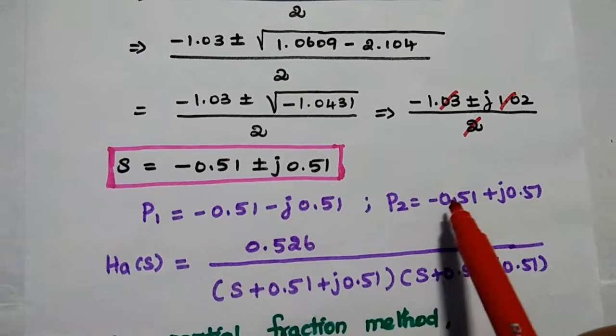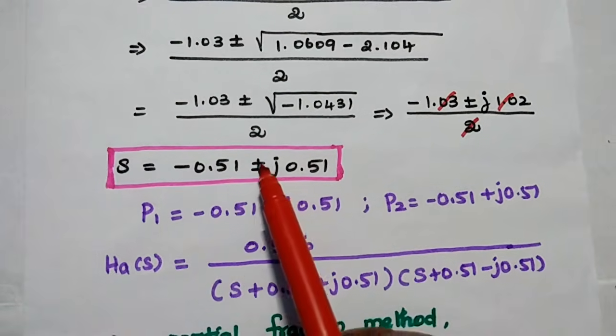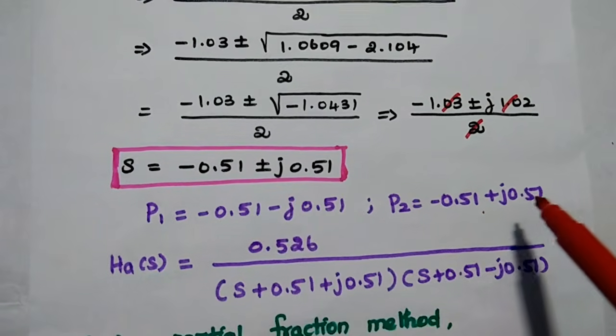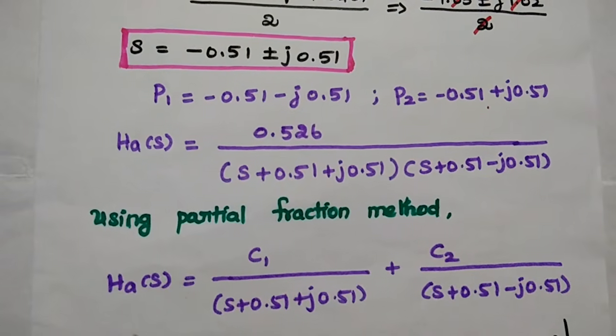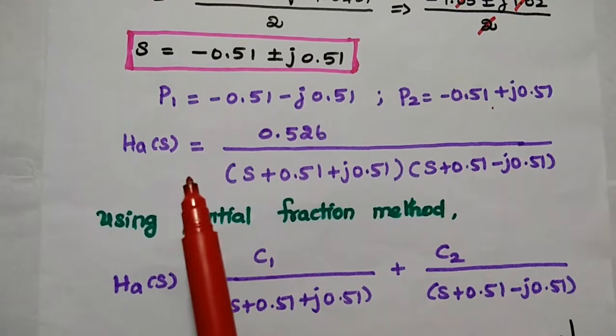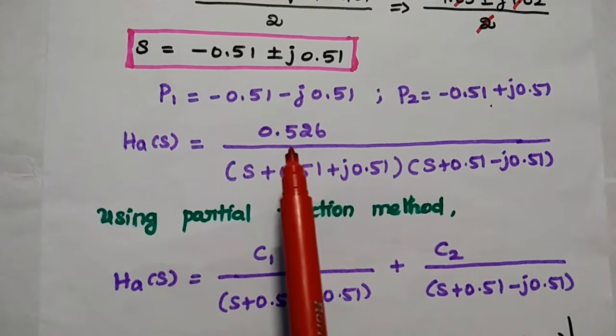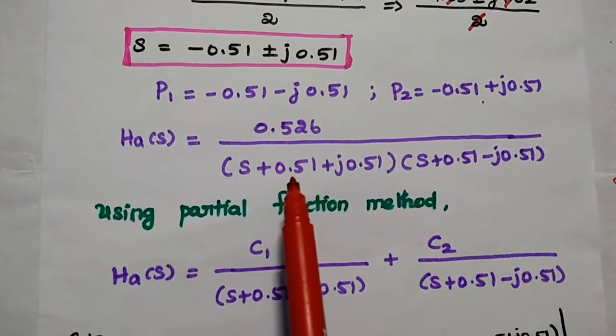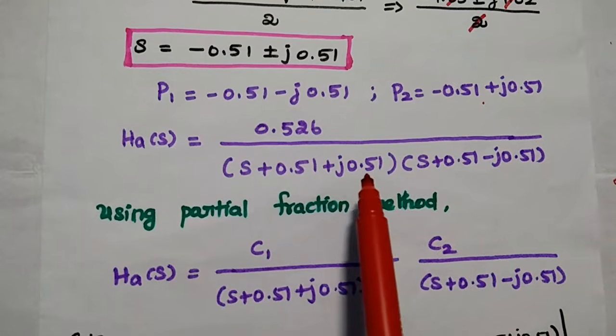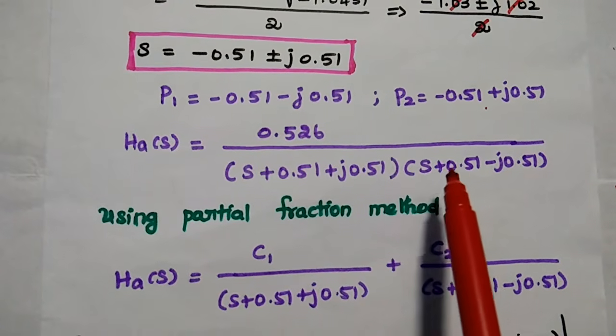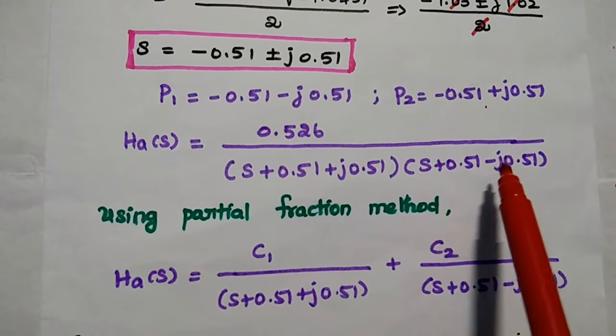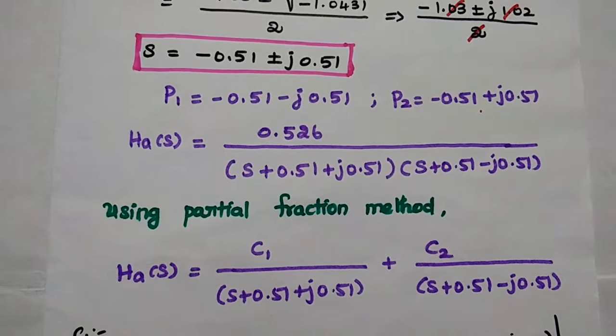And then the second pole value is minus 0.51 plus j 0.51. Then the transfer function HA of S can be written as 0.526 divided by S plus 0.51 plus j 0.51 multiplied with S plus 0.51 minus j 0.51.